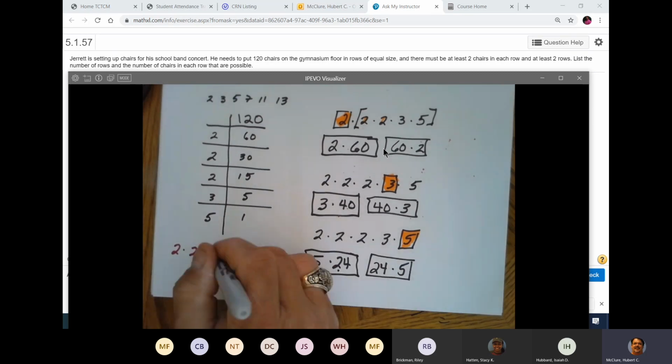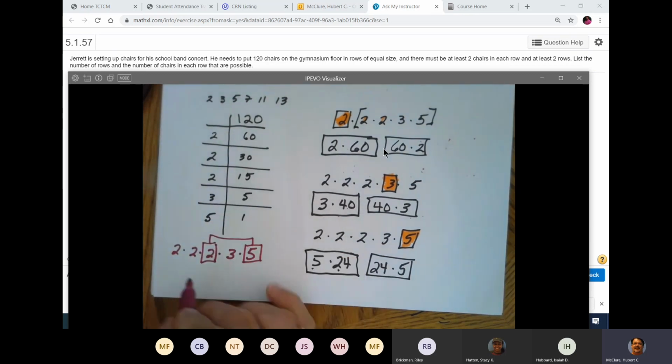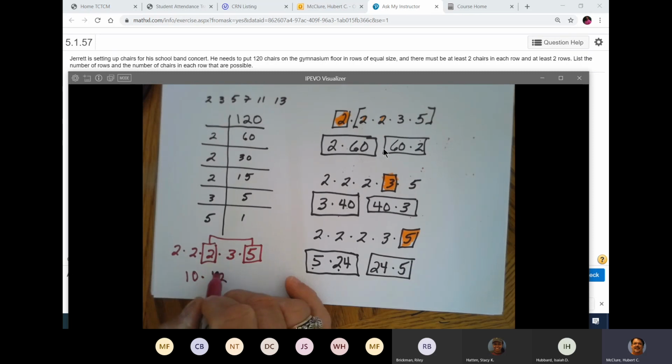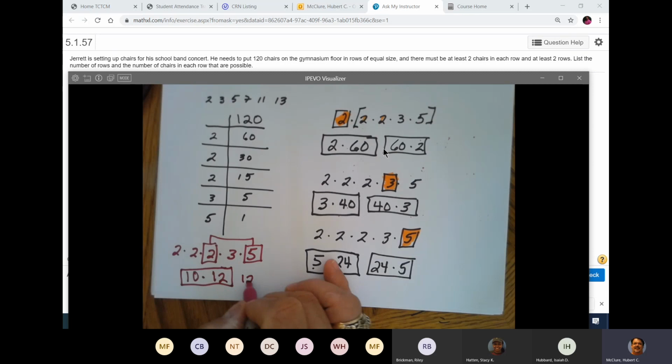And I'm going to circle these 2. And that's 10. So 10 times what? What's left? 4 times 3 is, I'm sorry, 12. So I can have 10 rows of 12, or I can have 12 rows of what? 10.